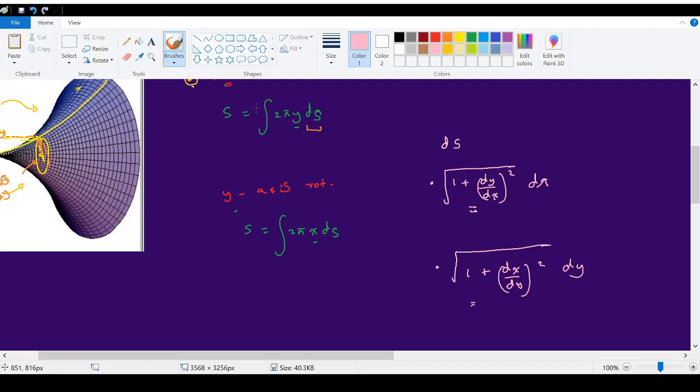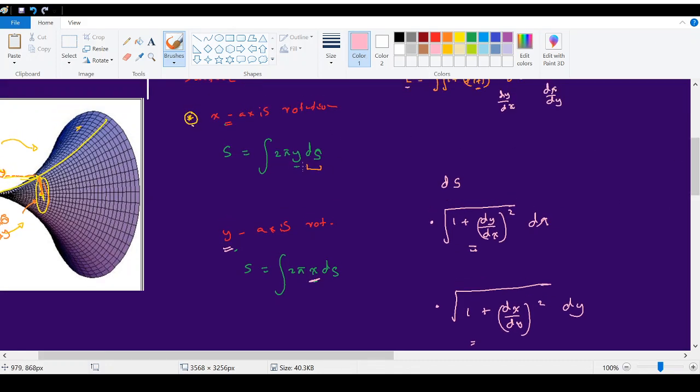So you can use either of these two options for both x-axis rotations as well as y-axis rotations. The only difference is, if it is a y-axis rotation, you have x here. If it is an x-axis rotation, you have y here. And for ds, you can use this one or this one for both x and y axis rotations. But sometimes it will be easier to compute this one, and sometimes it will be easier to compute that one.